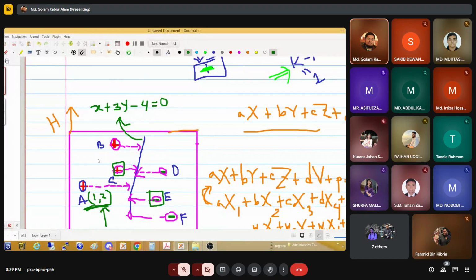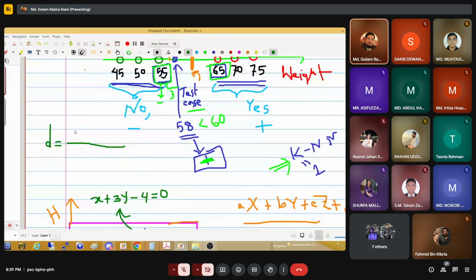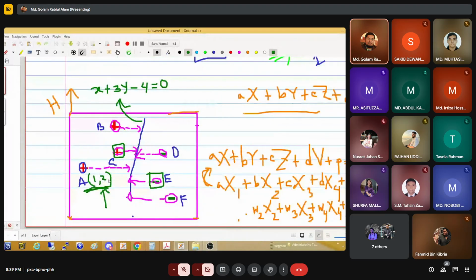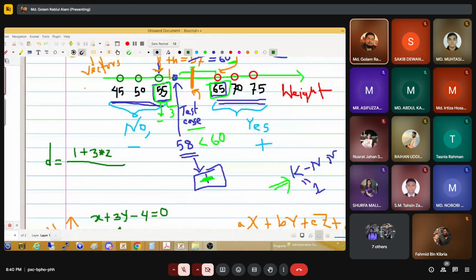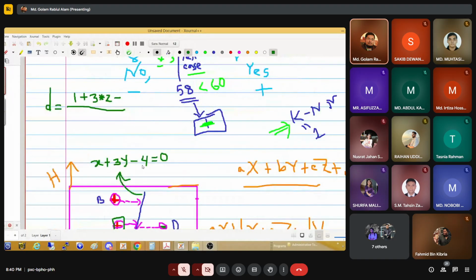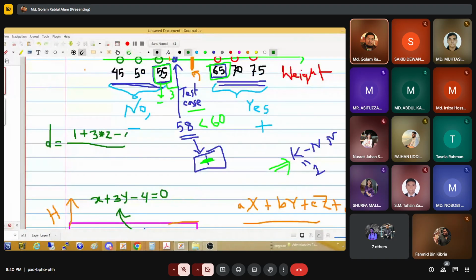So for x we place 1, and then 3 times y, where the value of y is 2, and then minus 4. As we are considering the distance, we have to think about the absolute value.